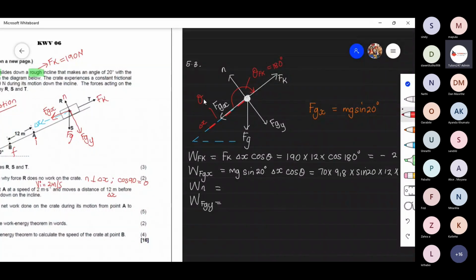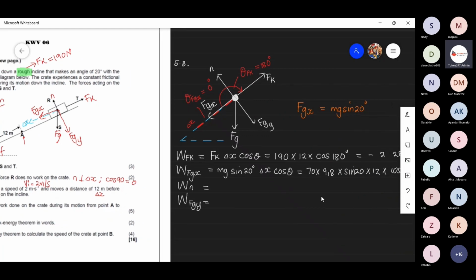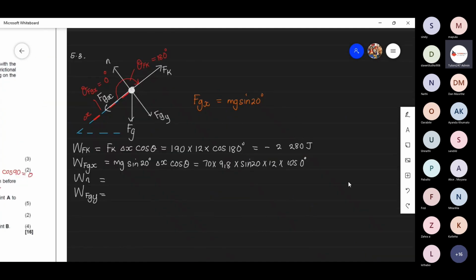So our theta of FGX is equal to 0 degrees. If you notice, in our previous FGX theta example, it was 180 degrees. So this is quite a nice visual of why we should not memorize angles of theta. Always understand how to obtain it. Don't memorize it, because they are different in different scenarios.